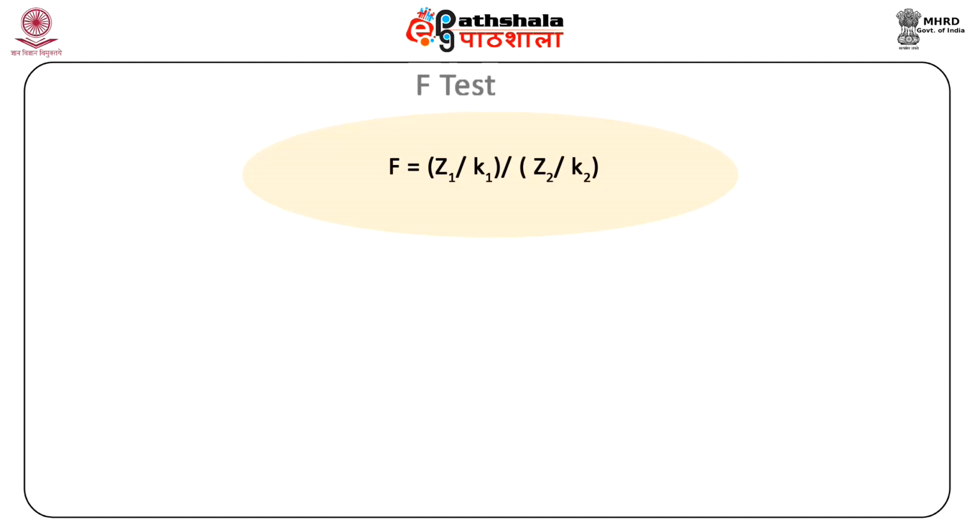F is equal to z1 upon k1 slash z2 upon k2 is said to be following F distribution with k1 and k2 degrees of freedom.